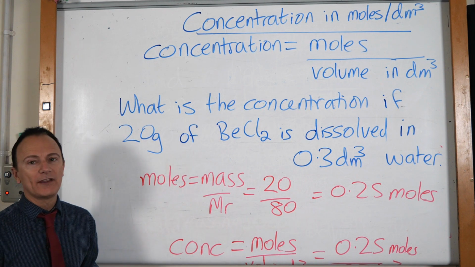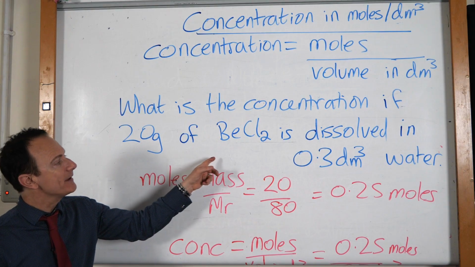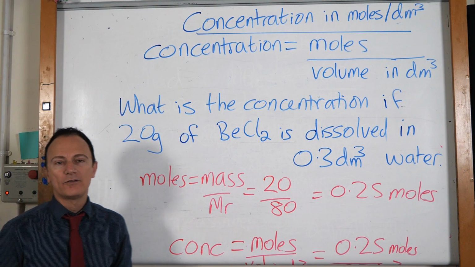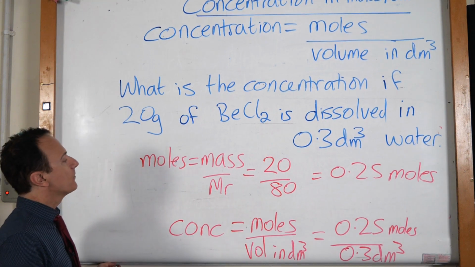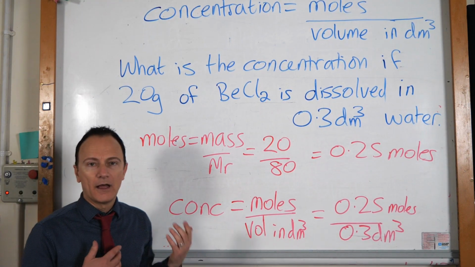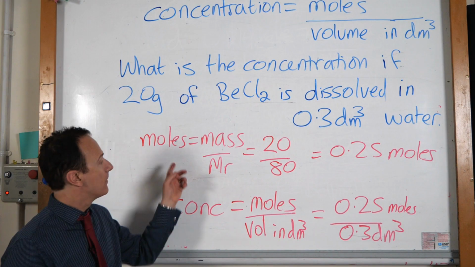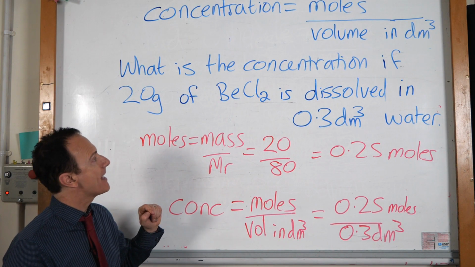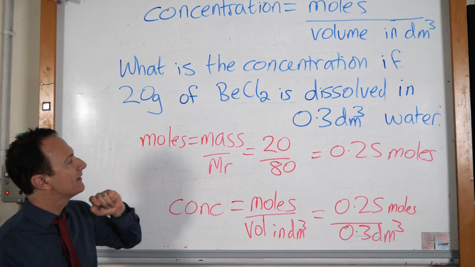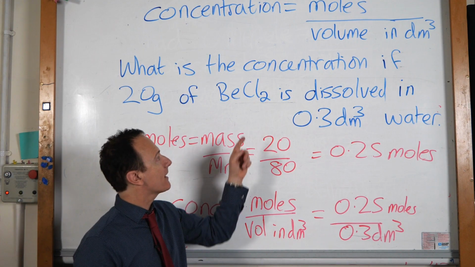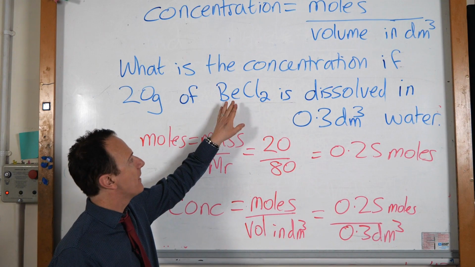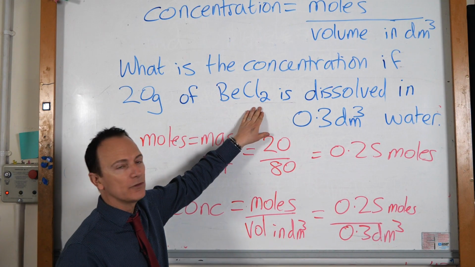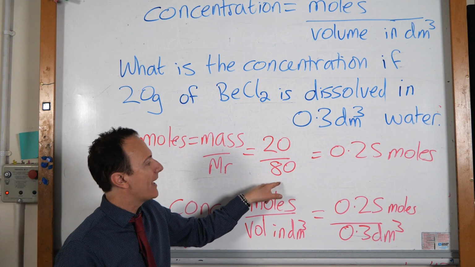What is the concentration if 20 grams of BeCl2 is dissolved in 0.3 dm cubed of water? To work out the moles, it's our equation we've come across before. Moles is mass divided by Mr. The mass is 20 grams. And if we work out the Mr of BeCl2 by adding up the mass number of Be and then the same for 2 lots of chlorine, that comes to 80.